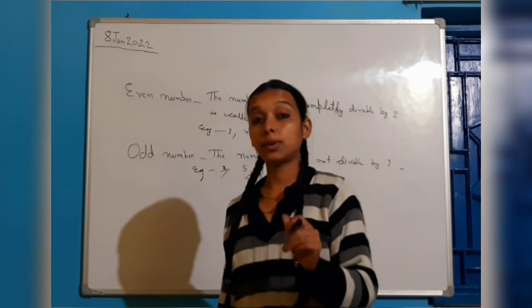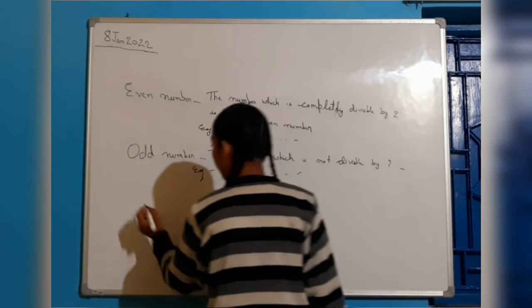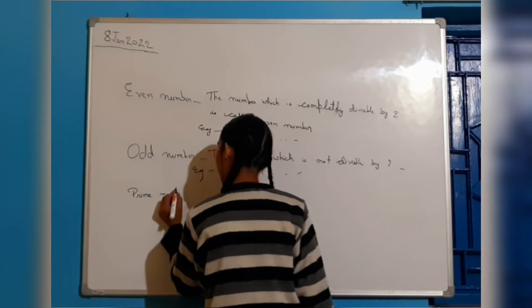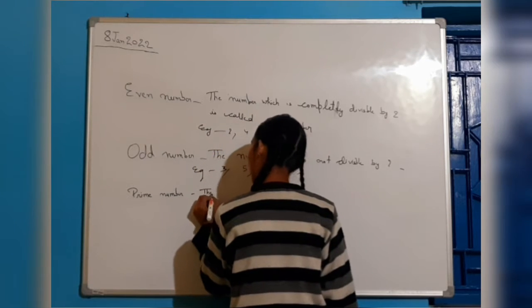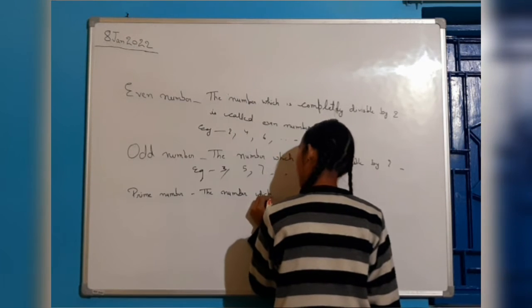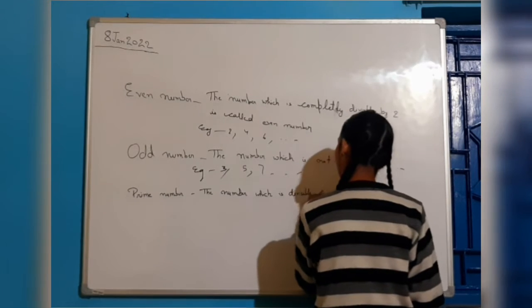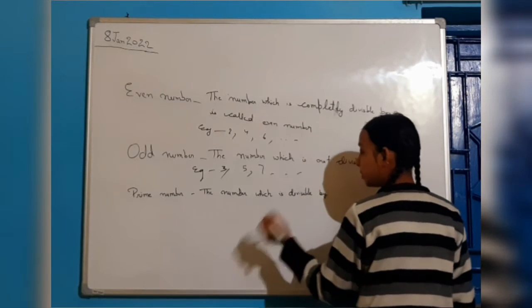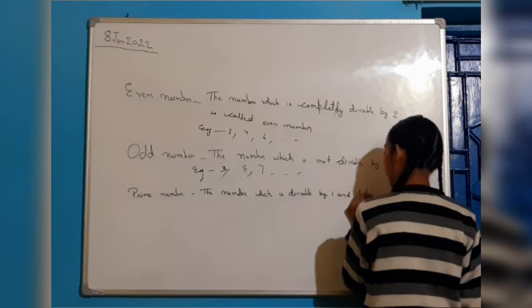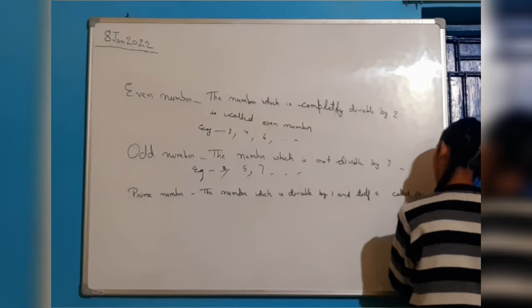The number which is divisible by 1 and itself only is called prime number.